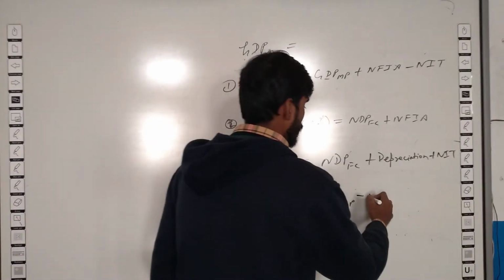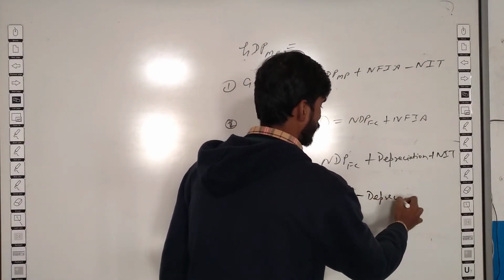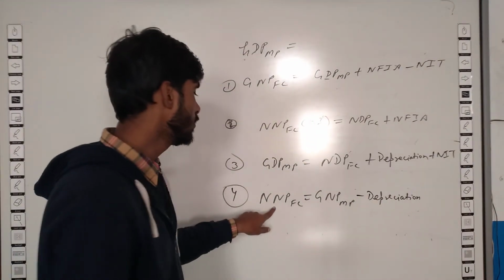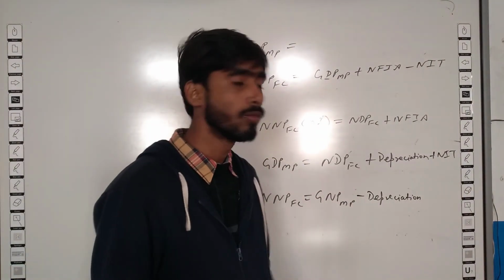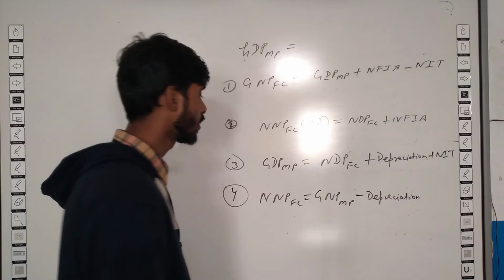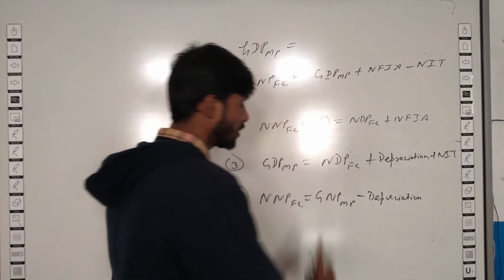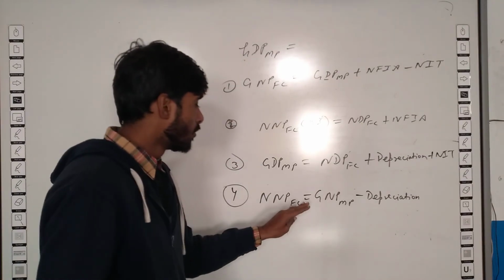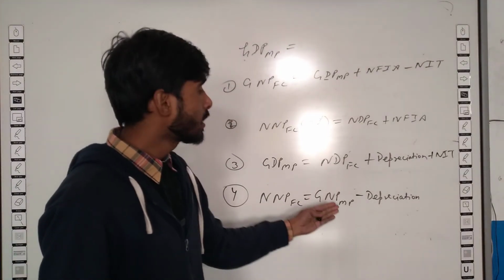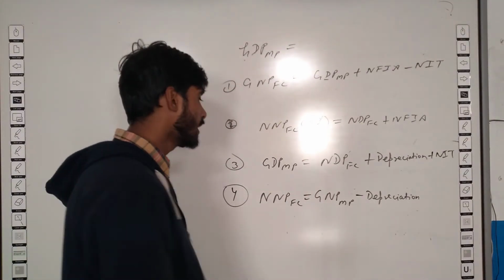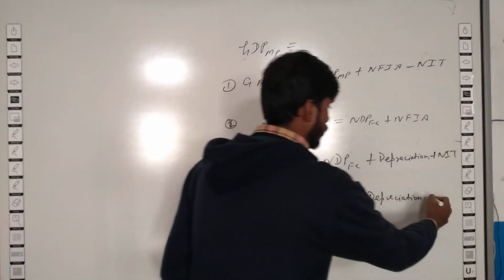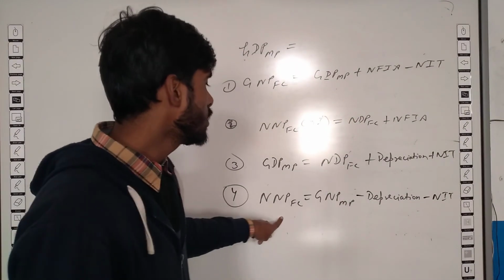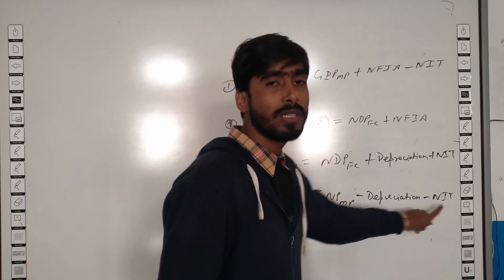We will subtract depreciation because net is equal to gross minus depreciation. N means national, here N means national. Both are same, so there is no need to convert the formula. Product and product is also same. Here factor cost and market price. We can get the value of factor cost from market price by subtracting NIT, net indirect tax. So minus NIT, net indirect tax. Here is the formula: NNPFC is equal to GNPMP minus depreciation minus NIT.